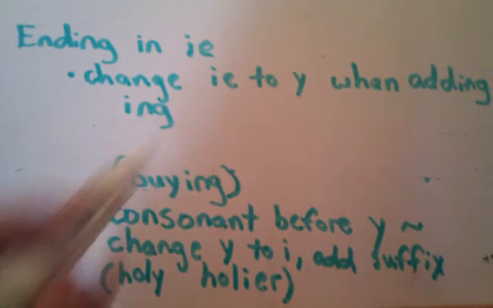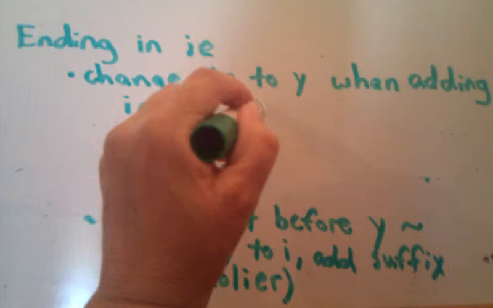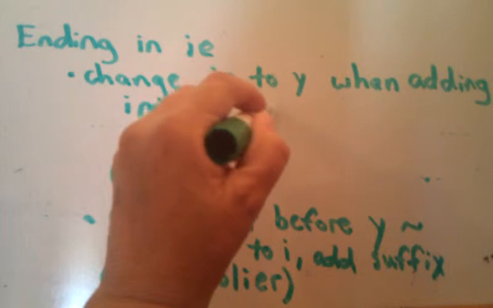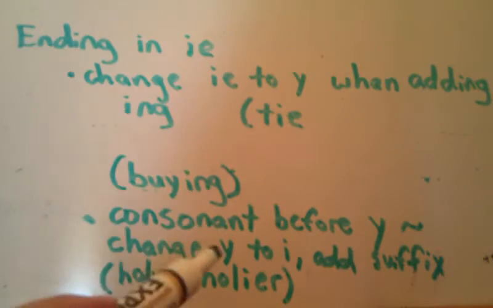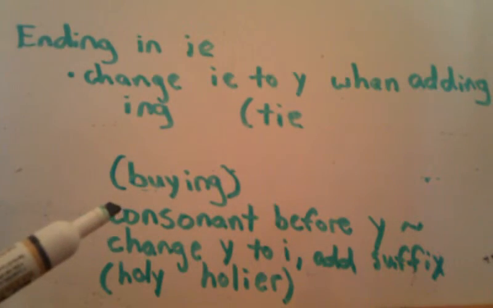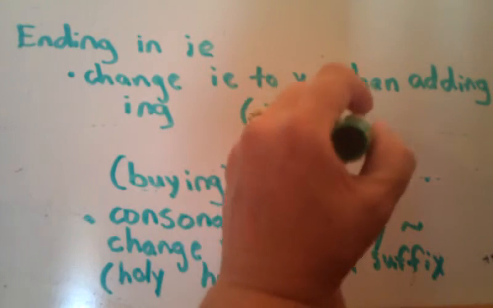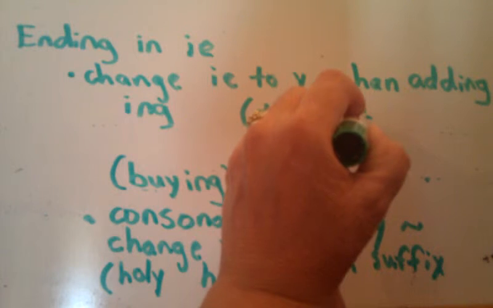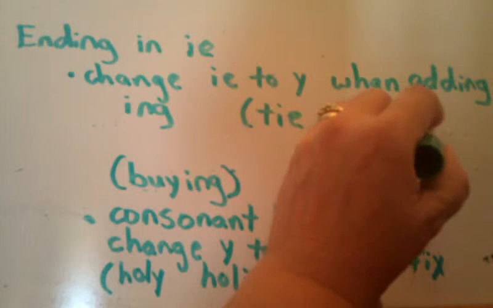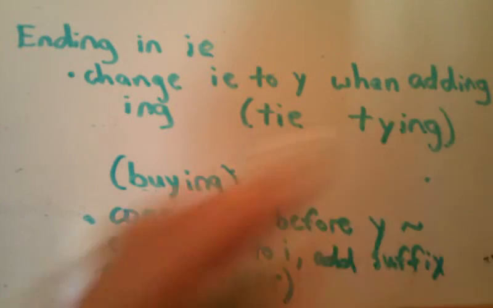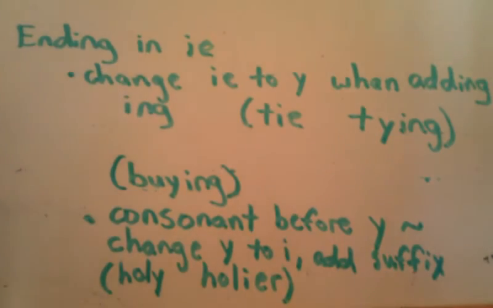For example, tie. Okay, tie is TIE. But I want to say I'm tying my shoes. Okay? So I have to change the IE to a Y. So it's going to be T, but instead of the IE, I'm going to put a Y, then add ING. Okay?